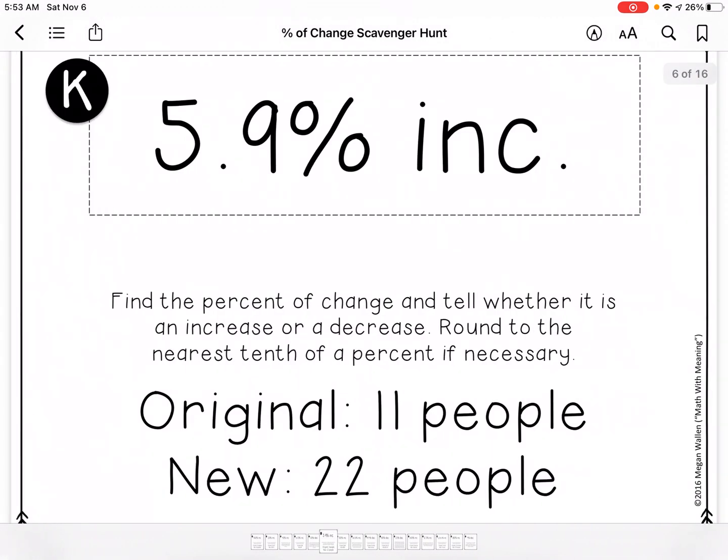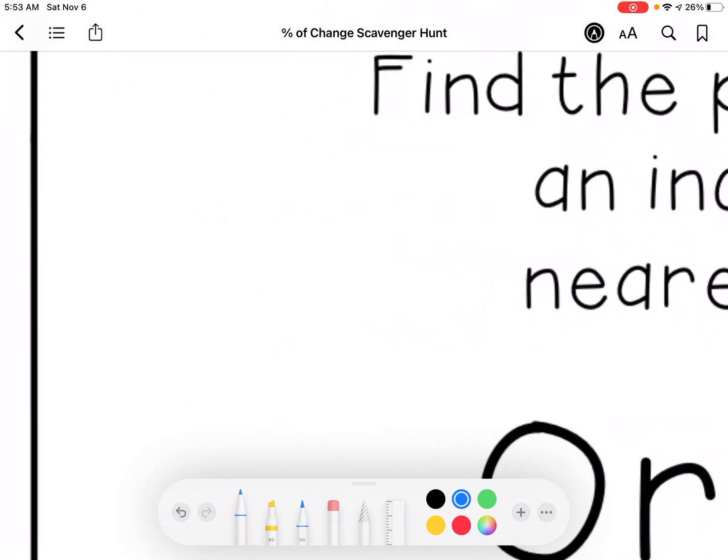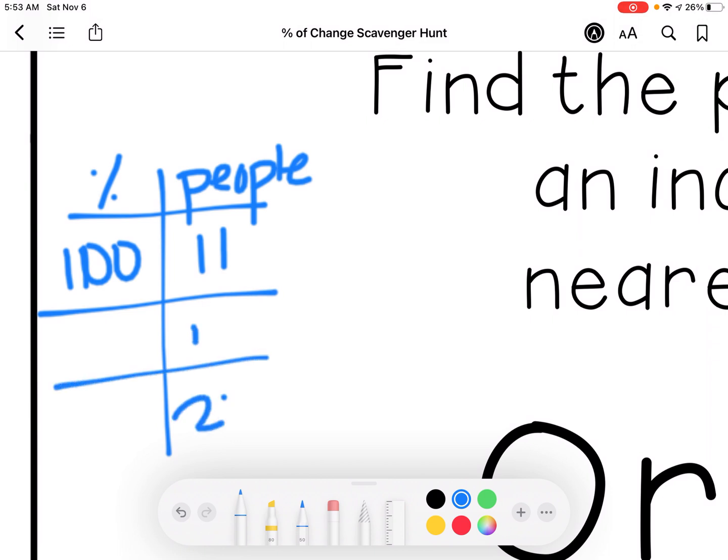All right, so now they want to know, they're going from 11 people to 22 people. So 100% is 11 people. I want to get to 22. So I'm dividing by 11.